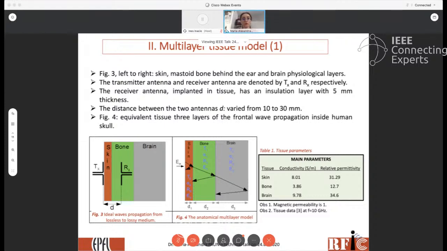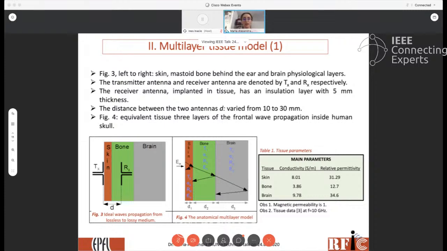Therefore, we would have two main physiological tissues to take into account, skin and bone. You can have a look at figure number 3 and figure number 4, which are giving you, firstly, in figure 3, the ideal wave propagation from lossless to lossy medium.